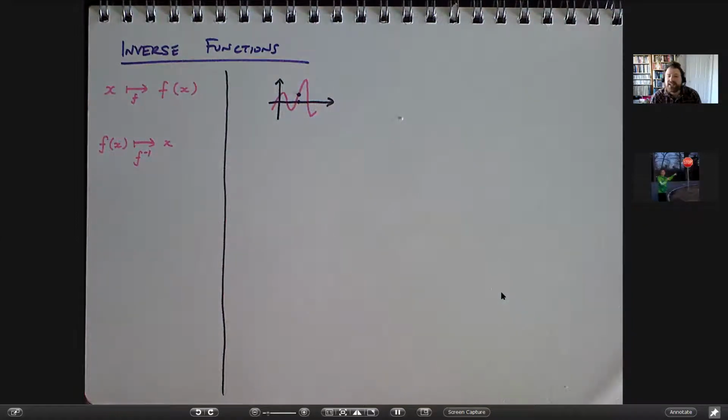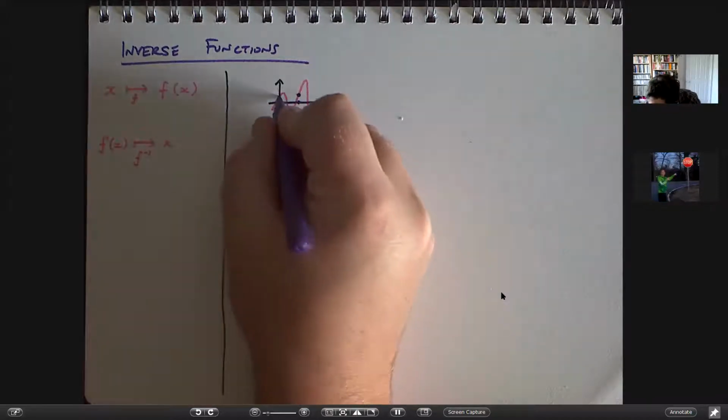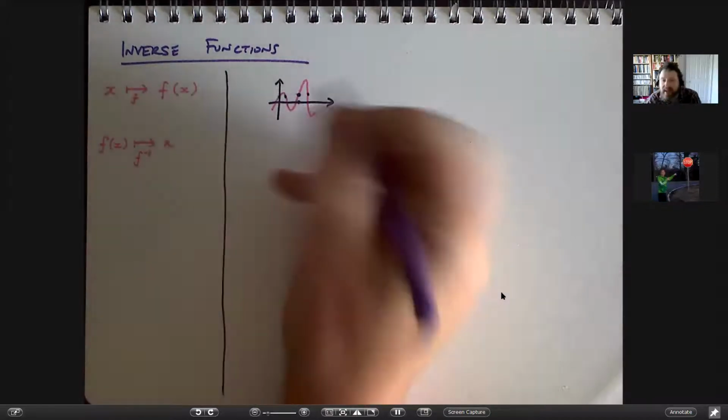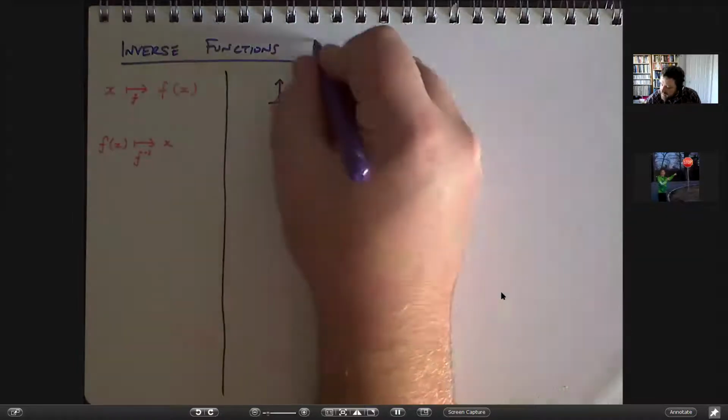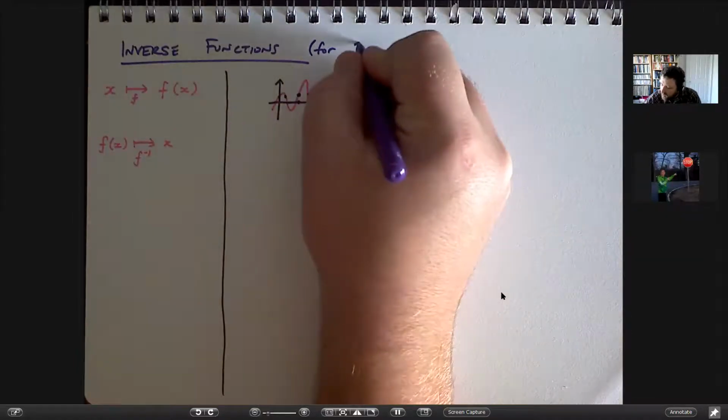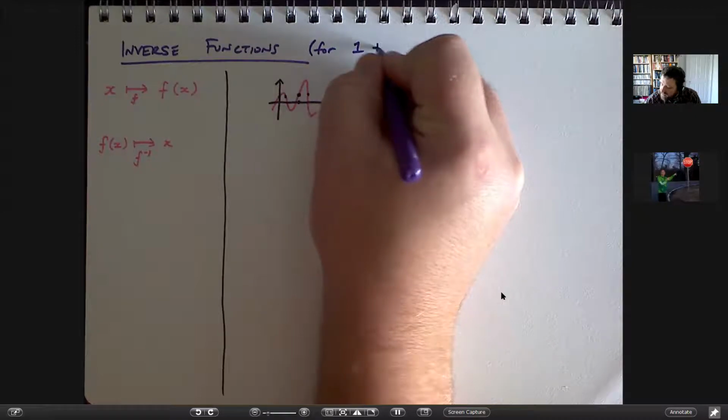Well, if we then tried to make a reverse function, one that took that y value and somehow tried to recover the x values, well, then we'd plug in that y value, but that's the same as that point there, and that point there, and that point there. So our reverse function wouldn't know which x value to hit if all it had to work with was that y value. So this inverse function only works for one-to-one functions.